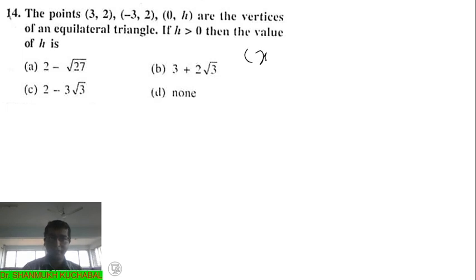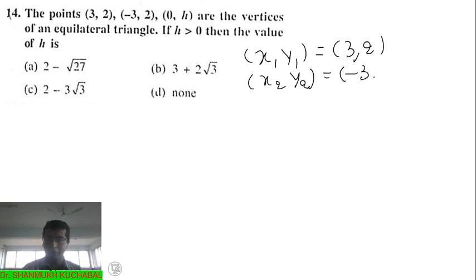So it is x1, y1 equal to (3, 2). Then x2, y2 equal to (-3, 2). And next x3, y3 equal to (0, h).